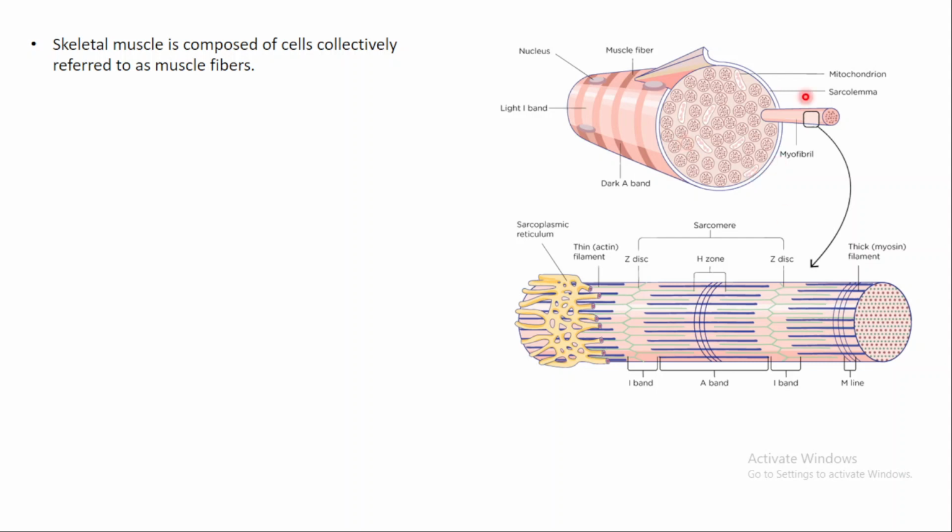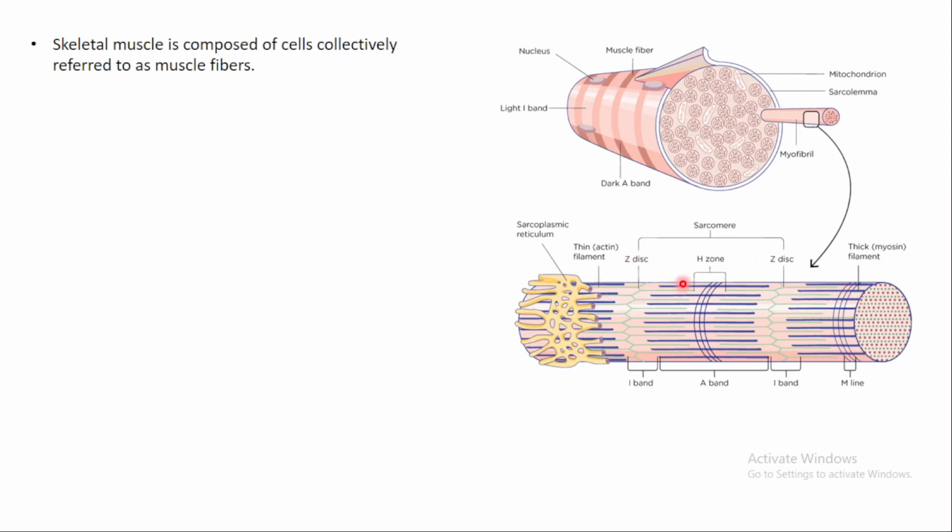A single bundle of myofibril constitutes these different zones, which can be visually distinct. The light band is called the I band, and there is a darker A band, and these alternate in a pattern. There are different zones called Z disc and H zone.